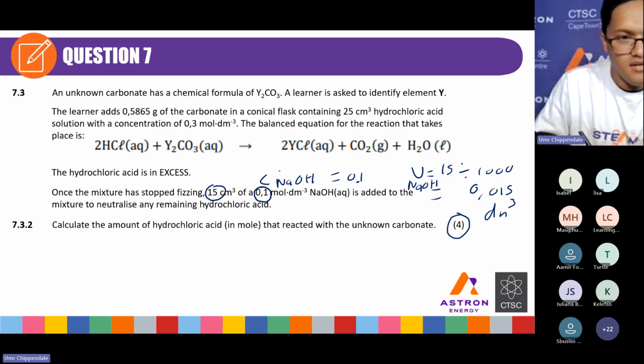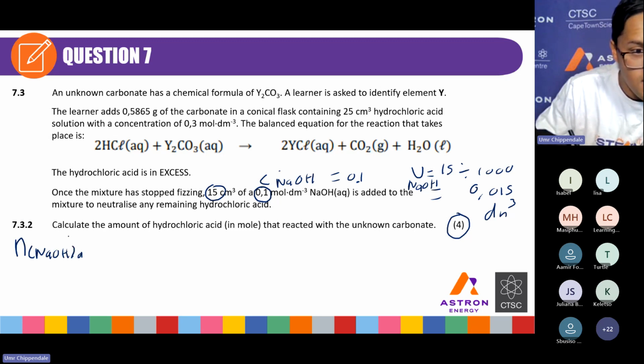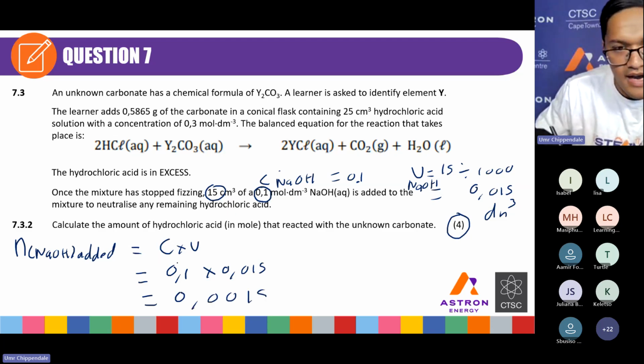For our number of moles of our NaOH that we added, we have the concentration and volume, so that's C times V. That is equal to 0.1 multiplied by 0.015. We type all of that in our calculator, and you'll get an answer of 0.0015 moles. Do not forget your units.